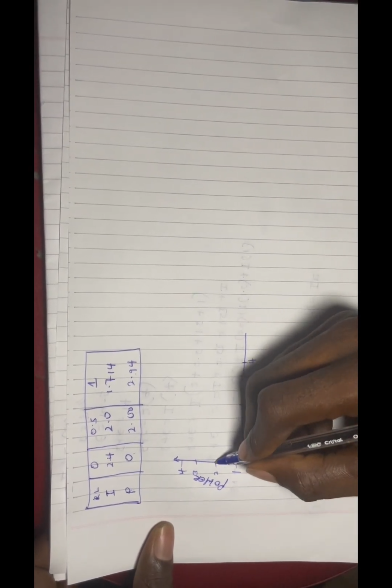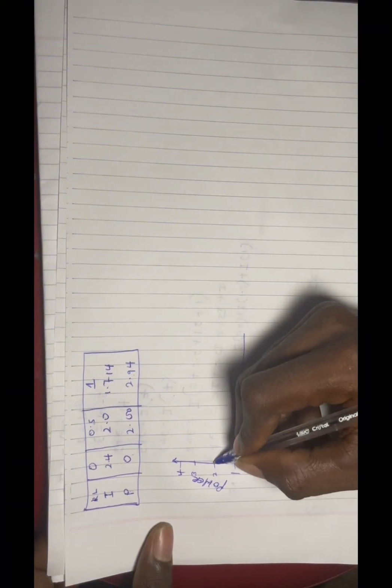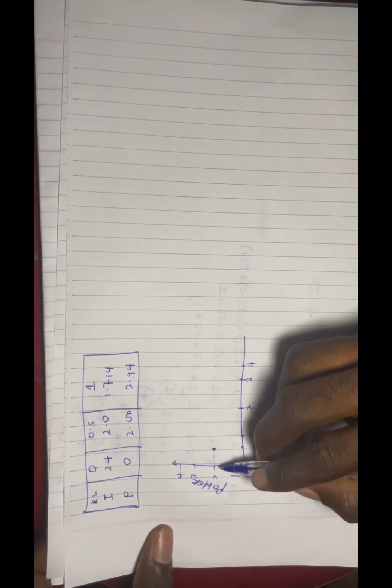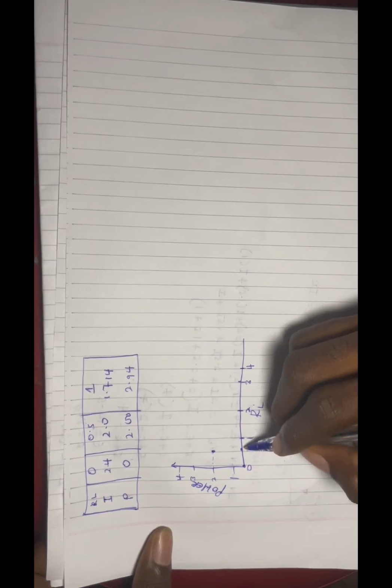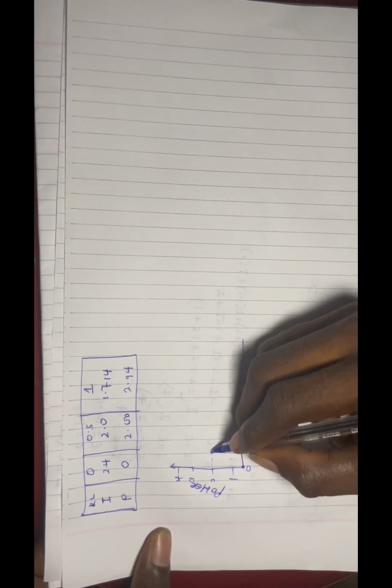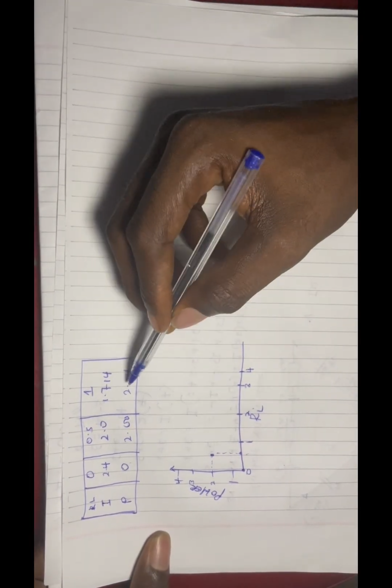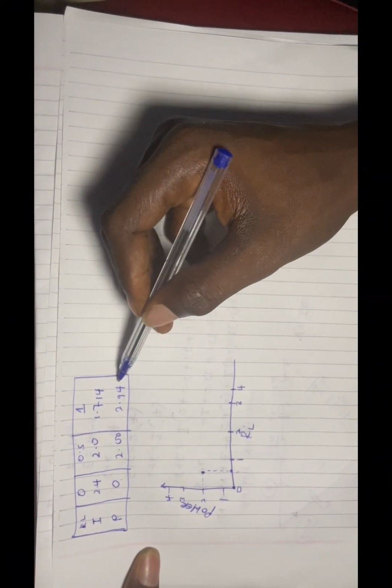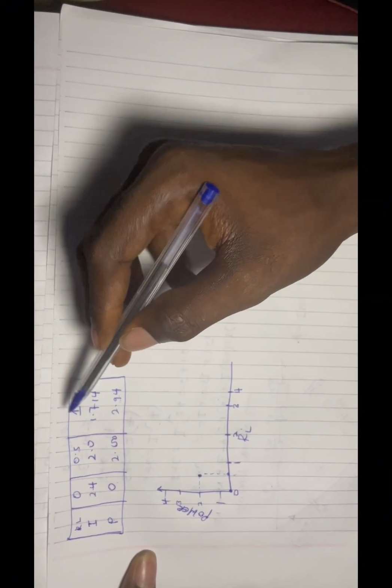But the power was 2, so the point is going to be in here: 2, 0.5. When the power was 2.94, the resistance was 1.